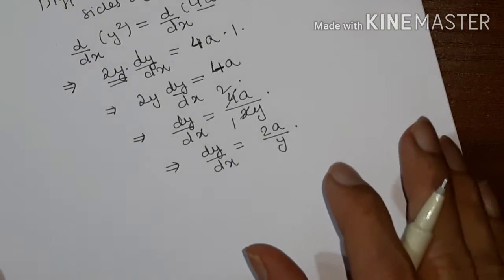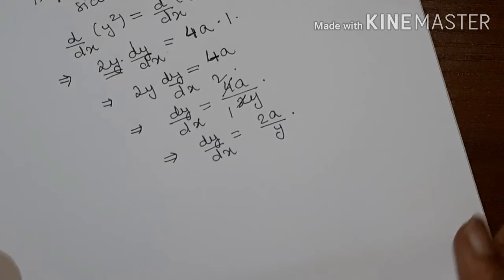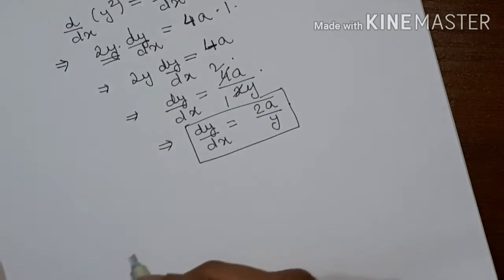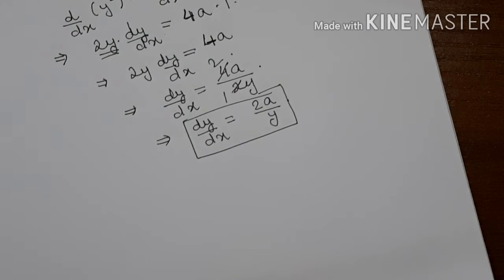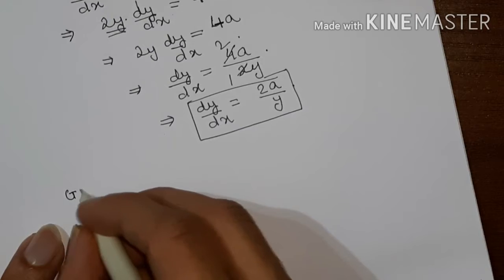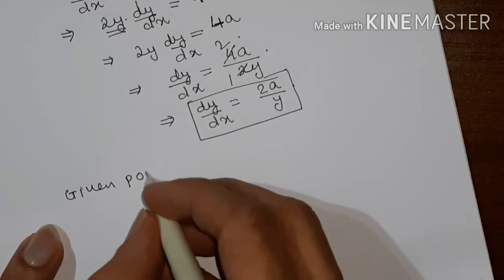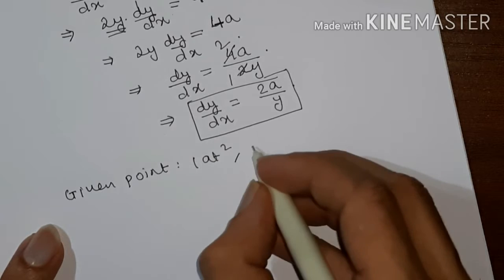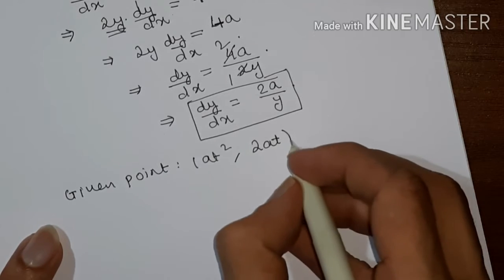This is what I will get. Now what you have to find is the equation of tangent and normal at the given point. The given point is at square comma 2at.